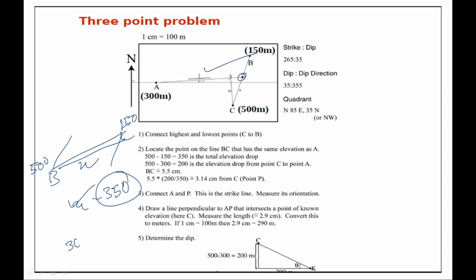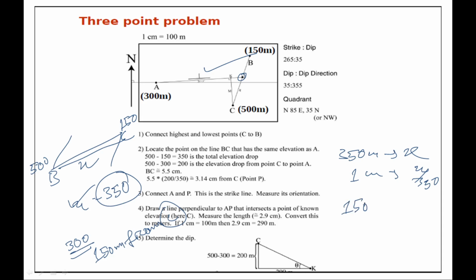You have to find out the 300 point, which is 150 meter difference from C. So for 1 meter, that will be x by 350, and using the unitary method, for 150 meter, that will be x by 350 times 150.